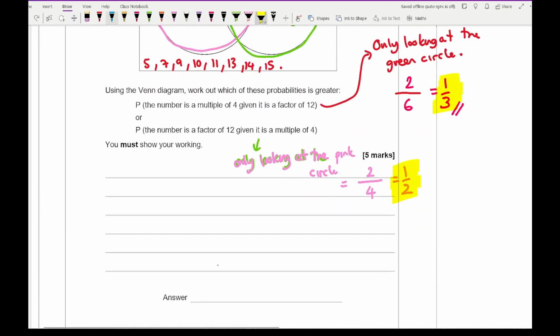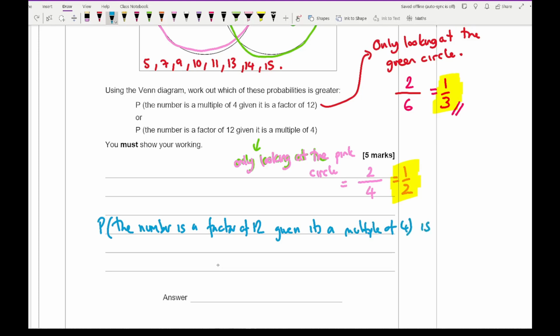Well, from this we can say that the probability that the number is a factor of 12 given it's a multiple of 4 is greater than the probability that the number is a multiple of 4 given it's a factor of 12.